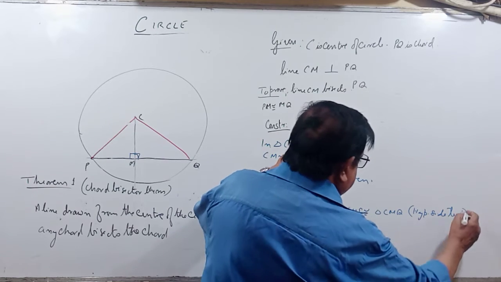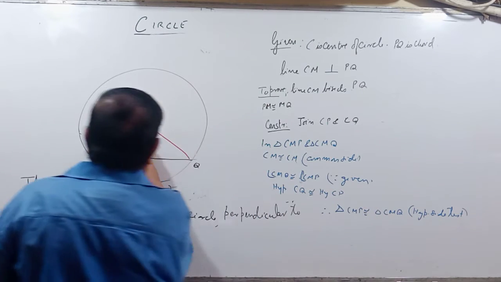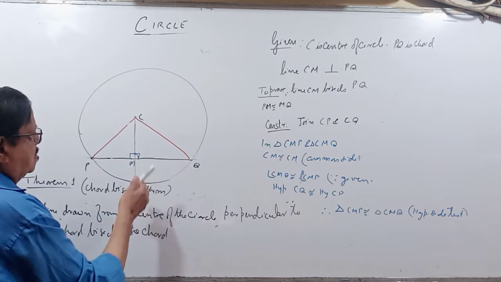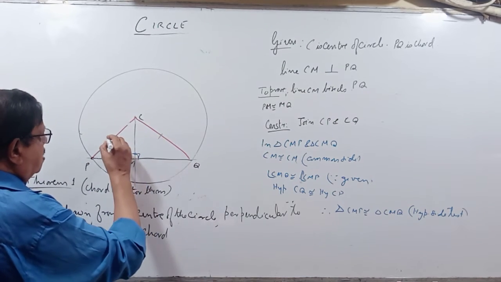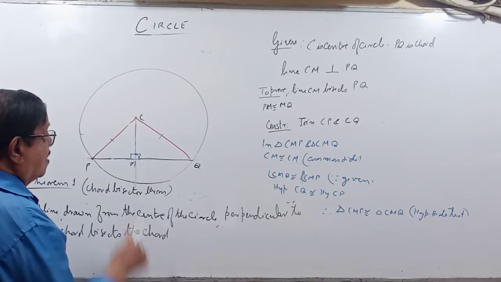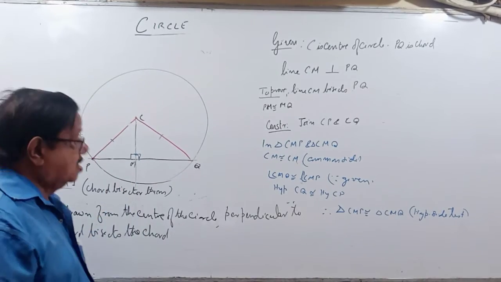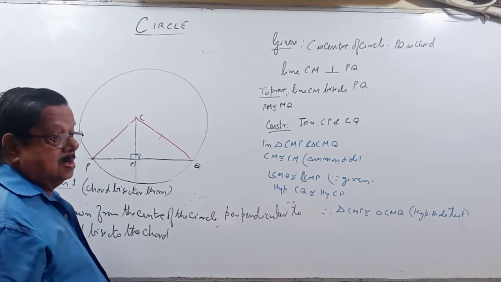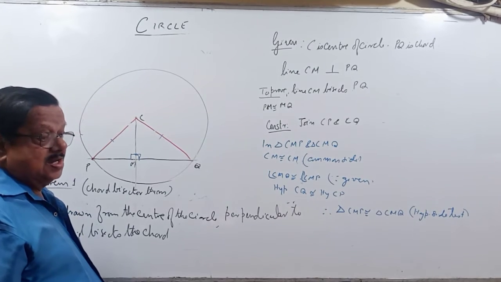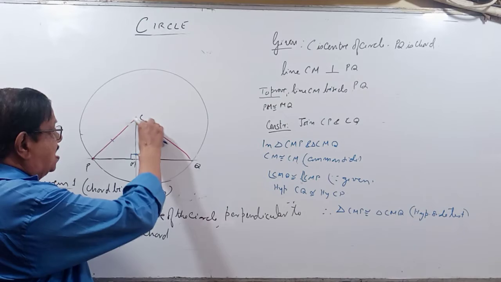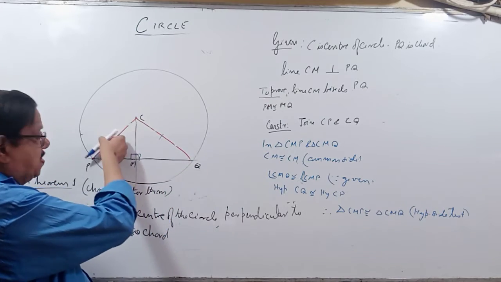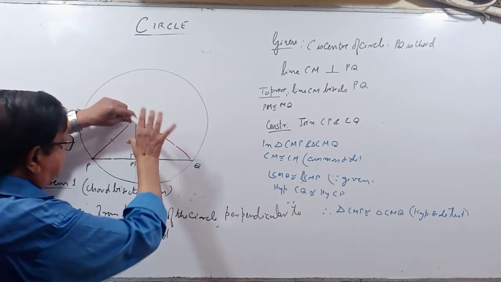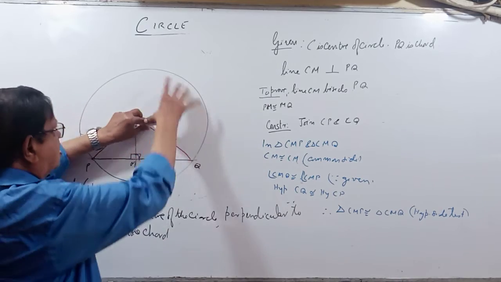देखो ये दो ट्रायंगल में CMP and CMQ, this hypotenuse congruent to this hypotenuse. Why are they congruent? Why is CQ congruent to CP? You can easily imagine CQ is the radius, CP is the radius. We are taking a compass and drawing the circle.